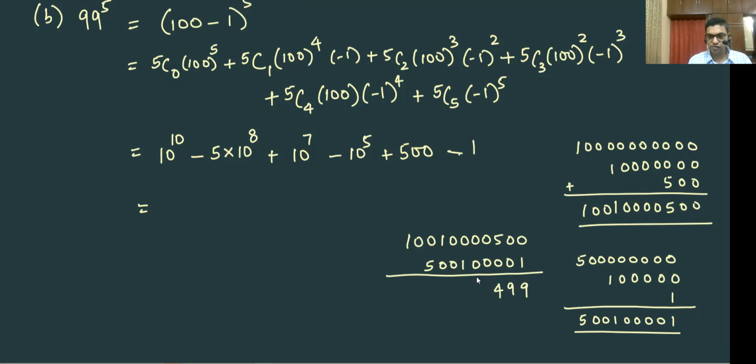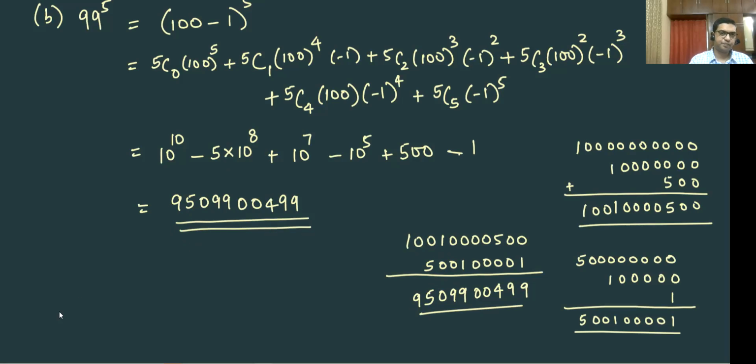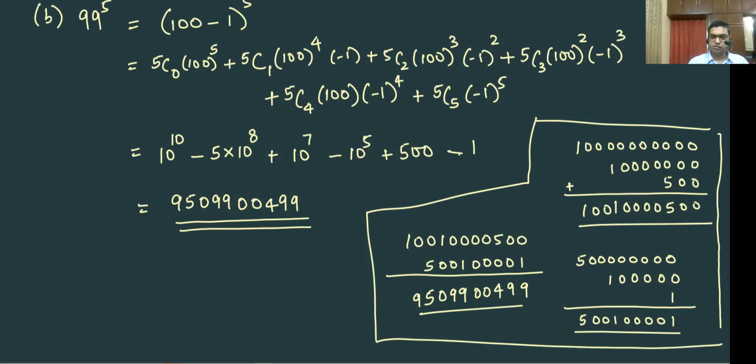So you get 499 and then 2 zeros, so you get 95099 00499. These are rough. Clear? Yes, sir.